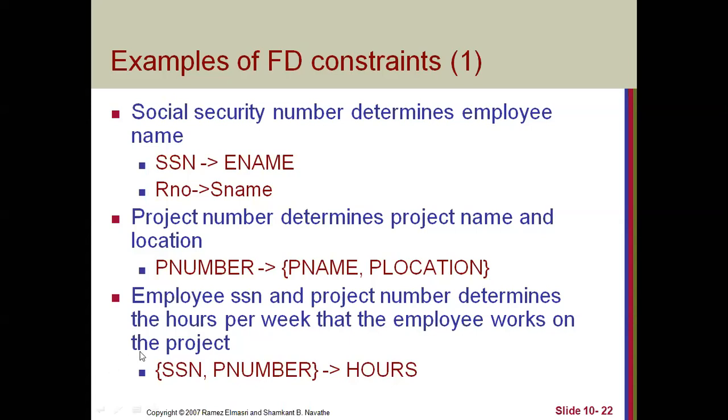So in this table we have seen that SSN is not a primary key. Project number is also not a primary key. There we have a composite primary key which is formed by the combination of SSN and project number. So once we know SSN and project number, then only we will be able to tell how many hours are related. So one employee may be working on one particular project for some number of hours.